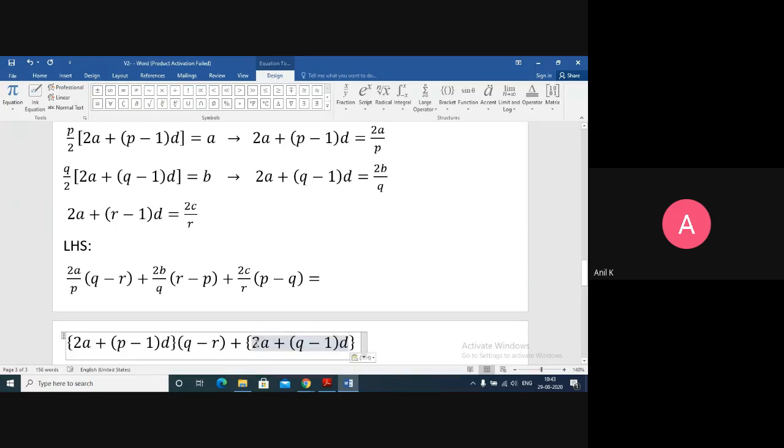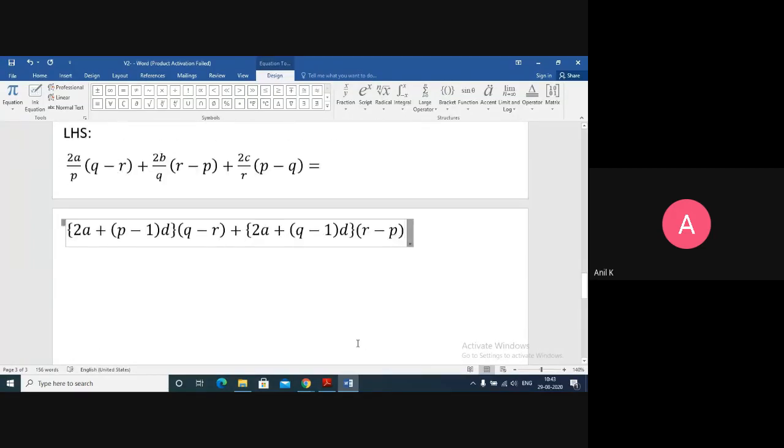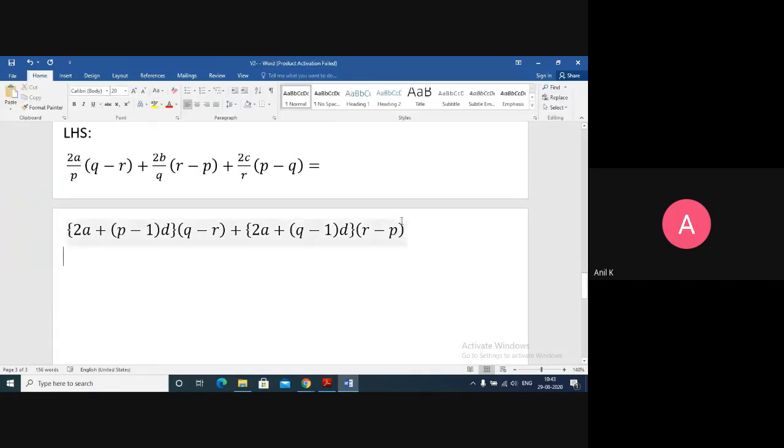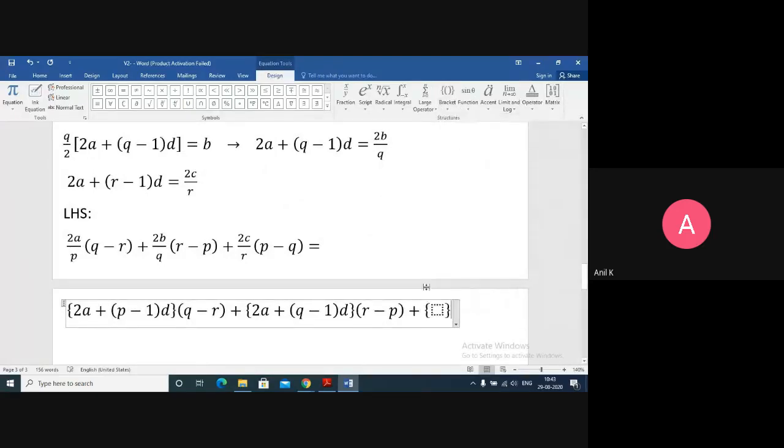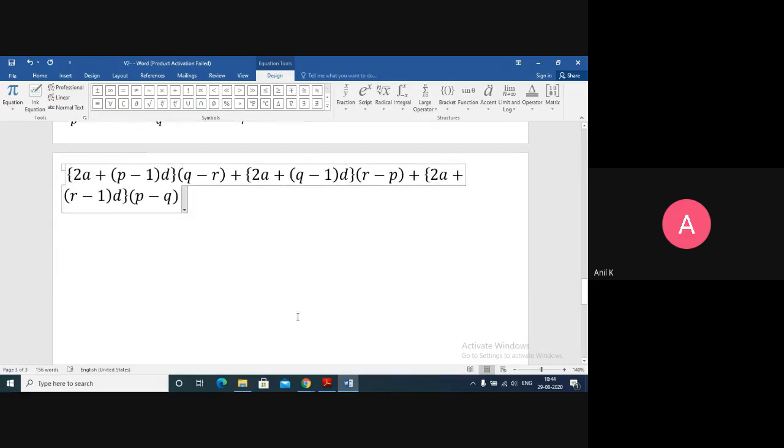This will be a little bit too lengthy, into R minus P. When you open this bracket, this is going to be the lengthiest equation. Into, again I have to put the bracket, in place of 2C by R, I have to replace this with this one. Control C, here I put Control V, multiply with P minus Q.